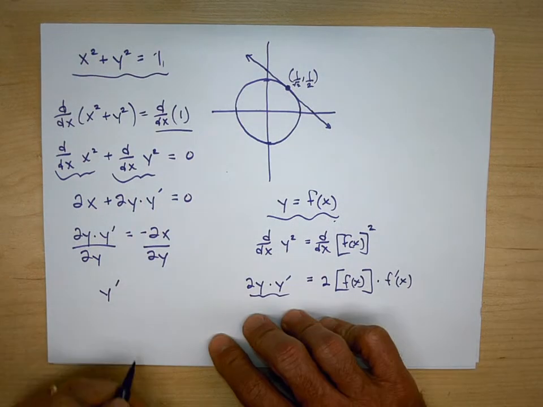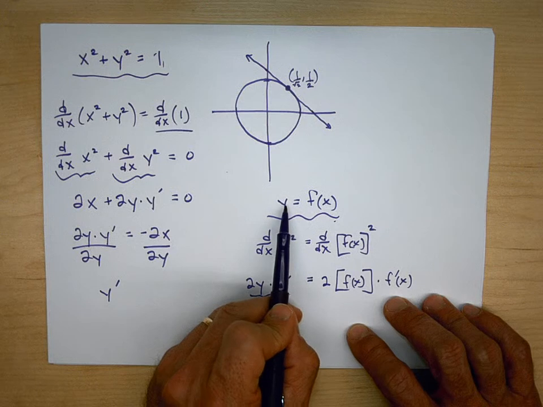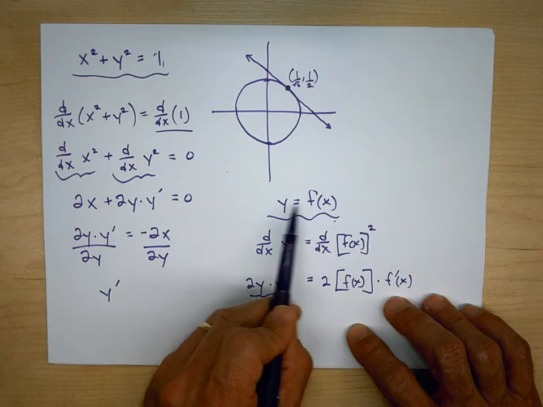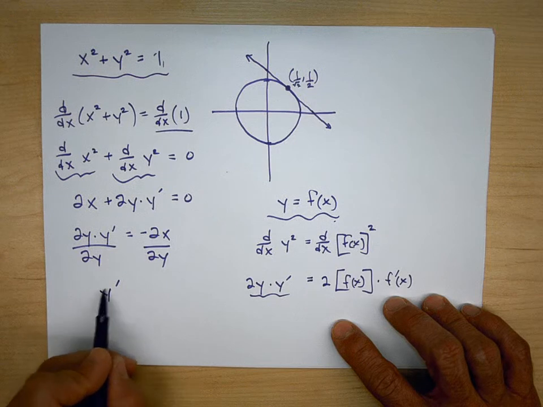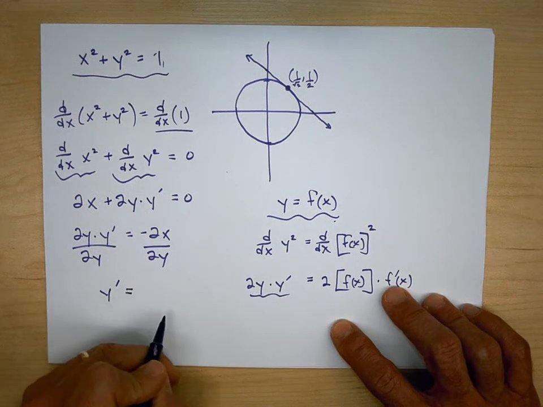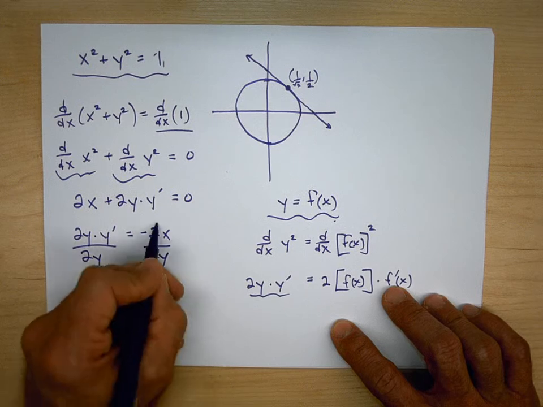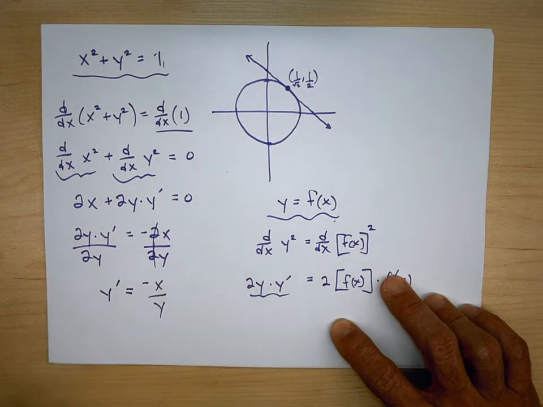I want to find, in other words, even though I can't necessarily get an explicit function of x for y, I could get an explicit function for y prime. Although notice it's not going to be in terms of only x. So the 2's divide here, and I'm just left with negative x over y.